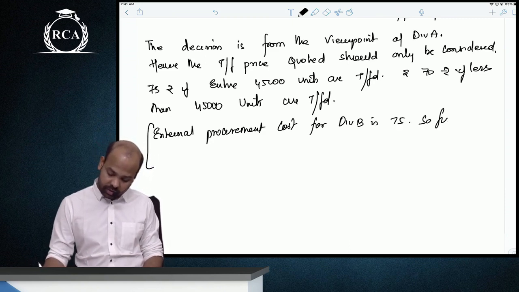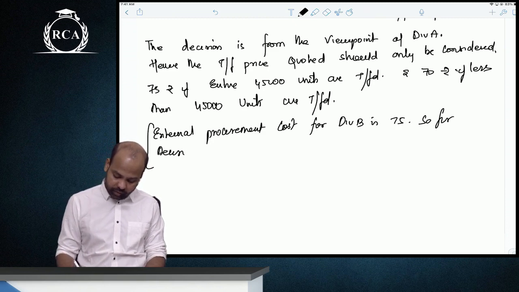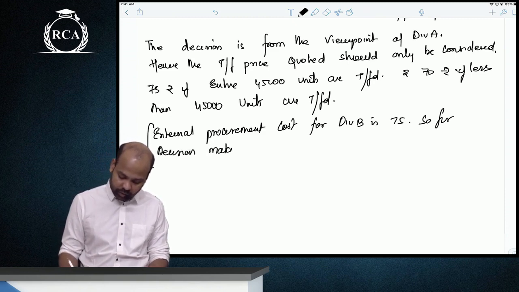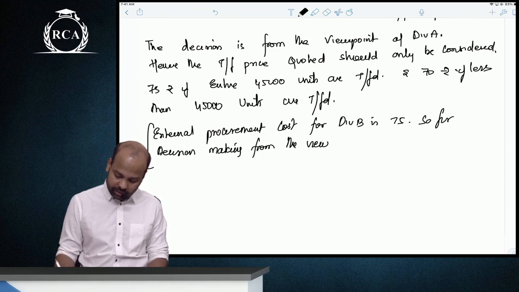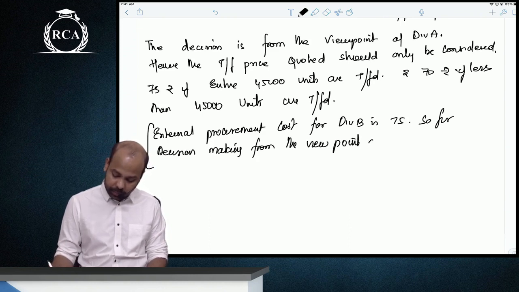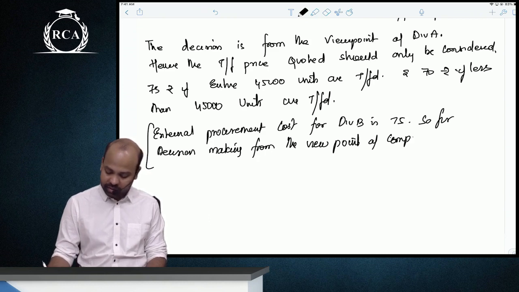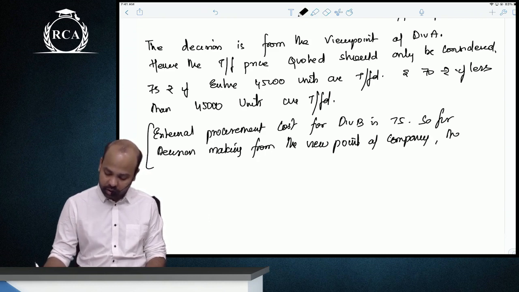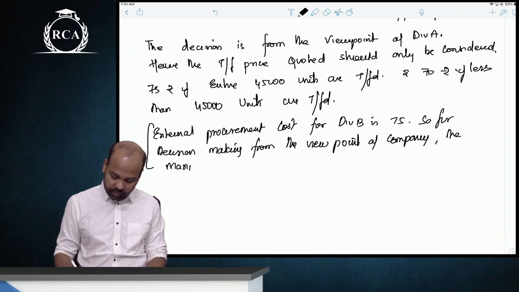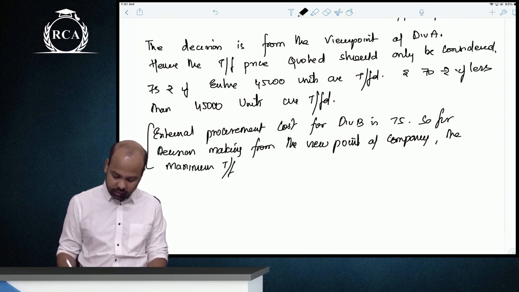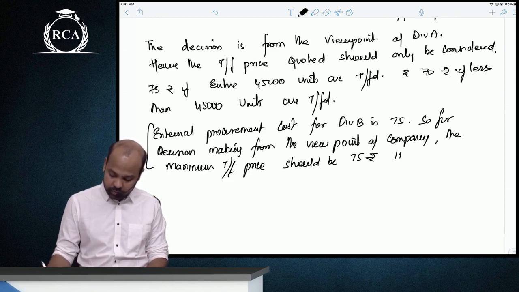So for decision making from the viewpoint of the company, the maximum transfer price should be 75 rupees, irrespective of the quantity.